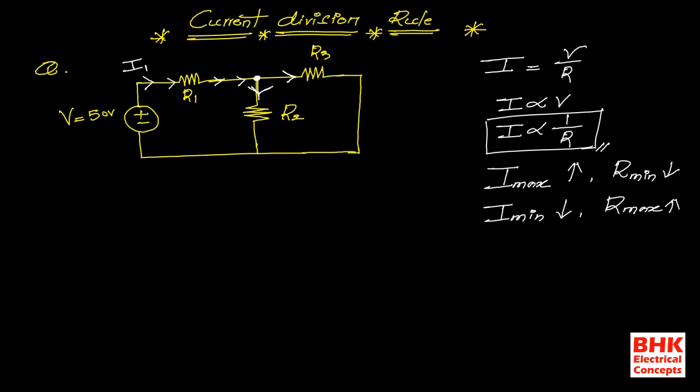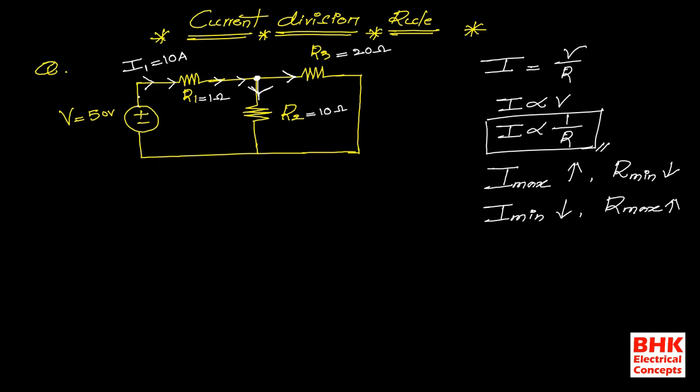For example, I take R1 as 1 ohm, R2 as 10 ohms, and R3 as 20 ohms. Suppose the current supplied by this 50 volt source is 10 amperes.